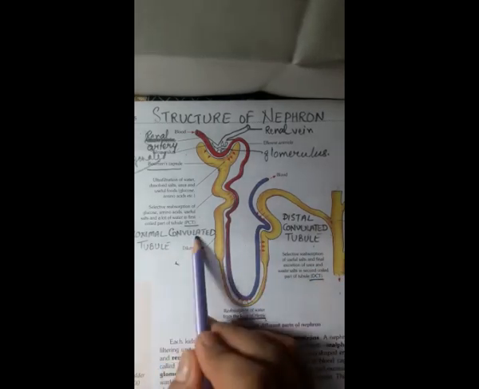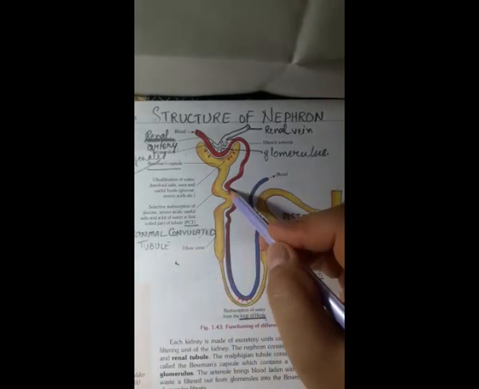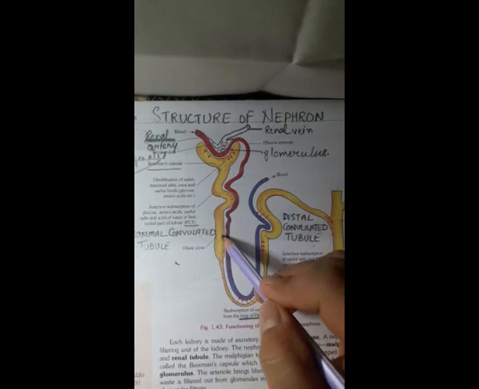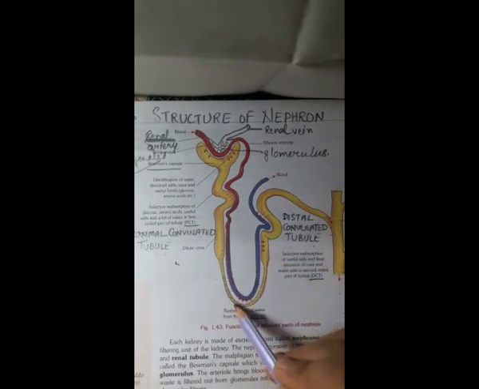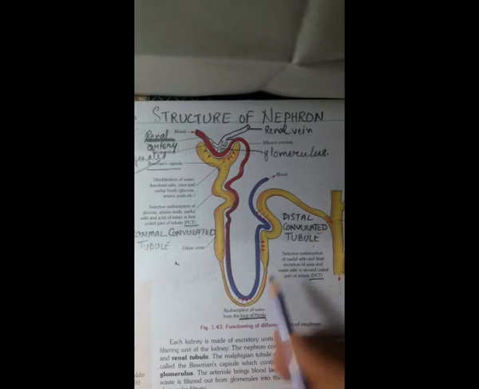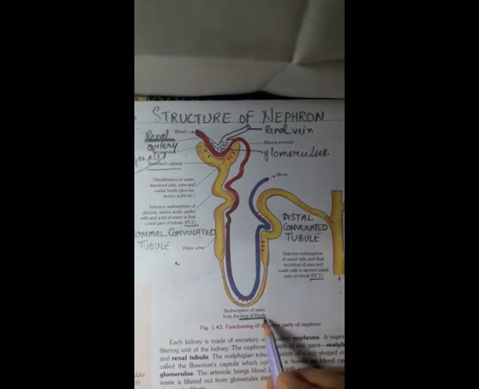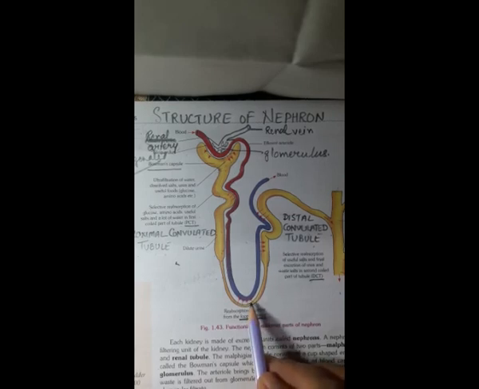This is the proximal convoluted tubule, and from here it comes downside, then it enters into the loop of Henle. Now inside the loop of Henle, the excess of water is reabsorbed, because our body cannot afford the loss of so much water.